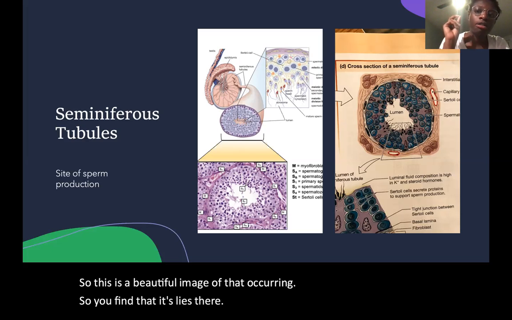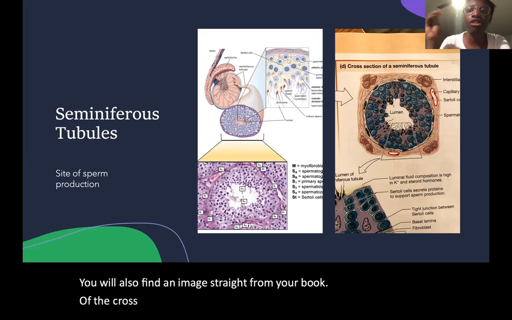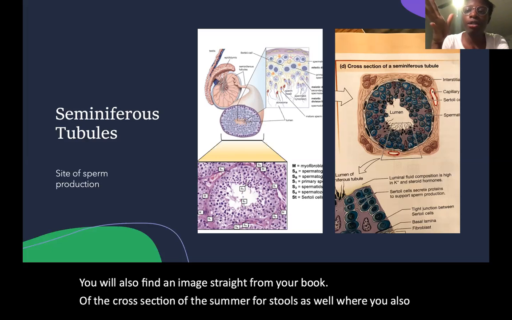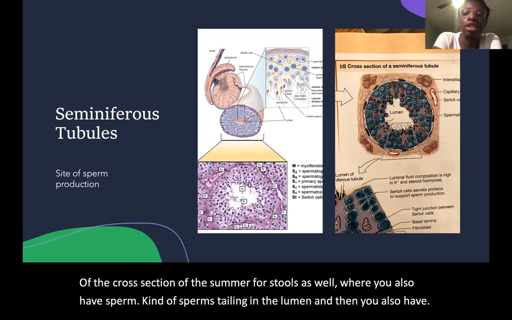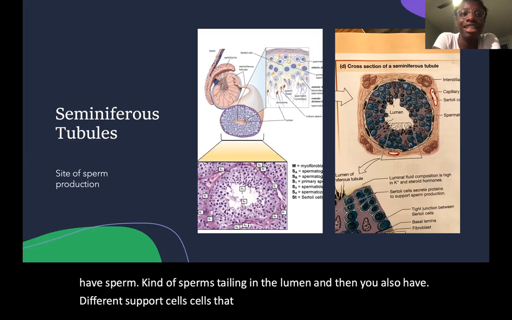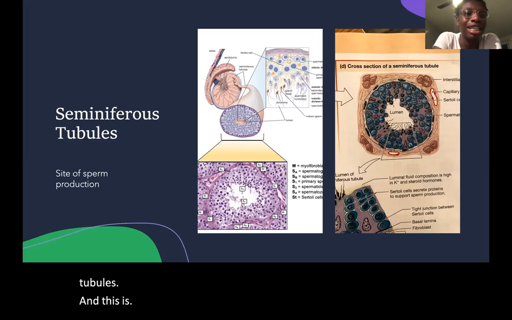You will also find an image straight from your book of the cross section of the seminiferous tubules as well, where you also have sperm's tail laying in the lumen, and then you also have different support cells that are also found in the seminiferous tubules. And this is occurring in the sperm.